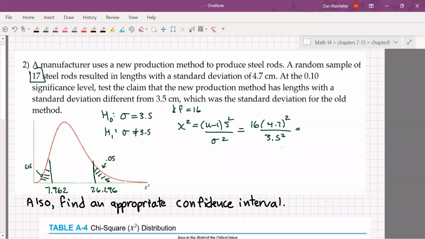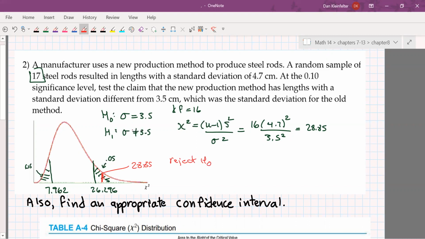So let's calculate. Okay, I'm getting 28.85. So that looks like it falls in the right side rejection region. Okay, and so based on this, we can reject the null hypothesis.